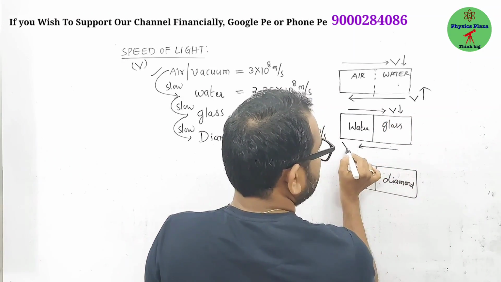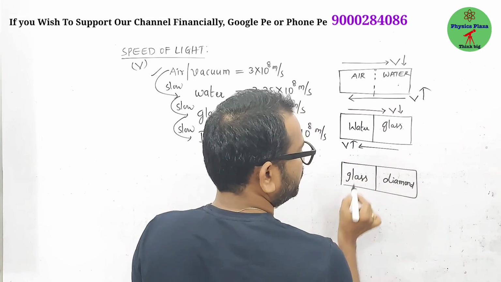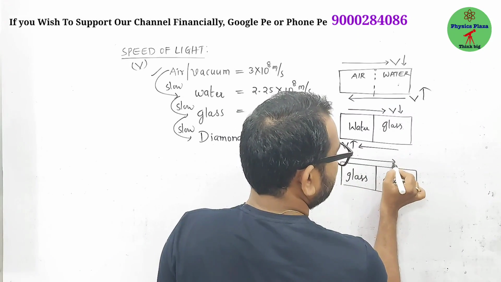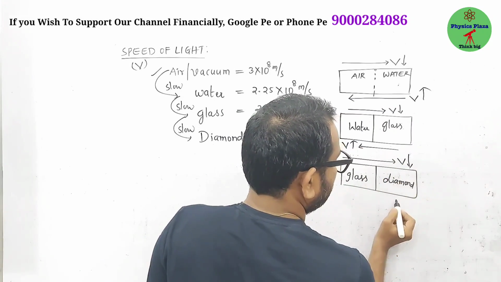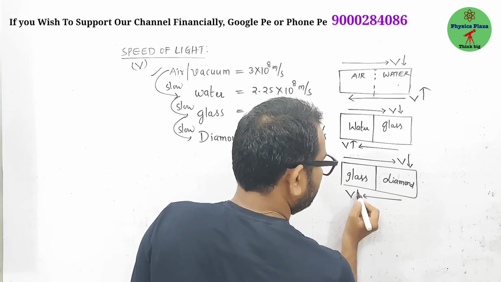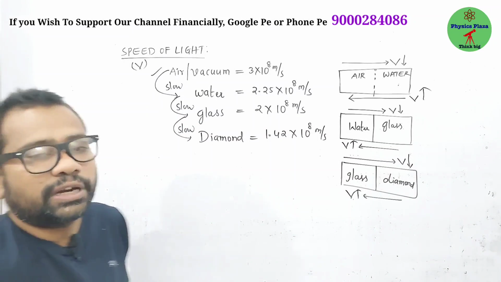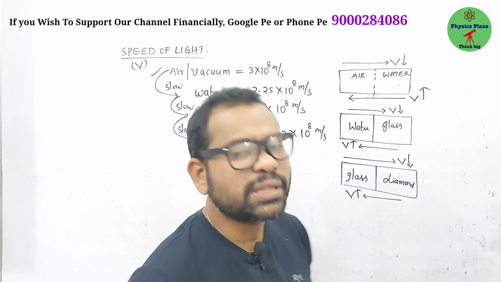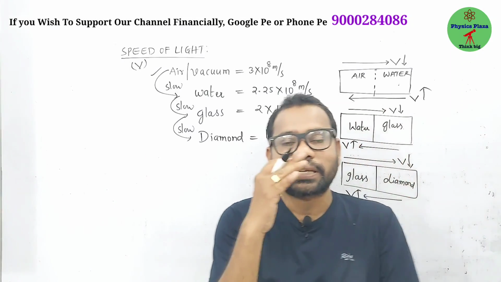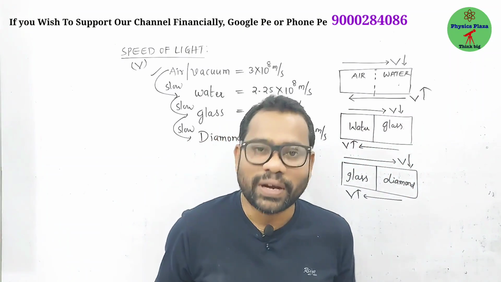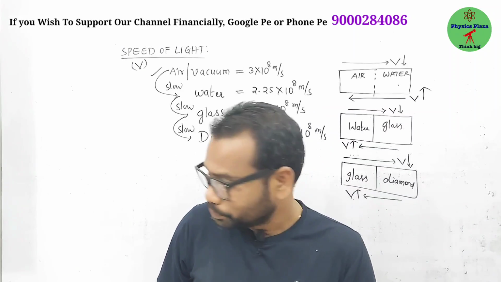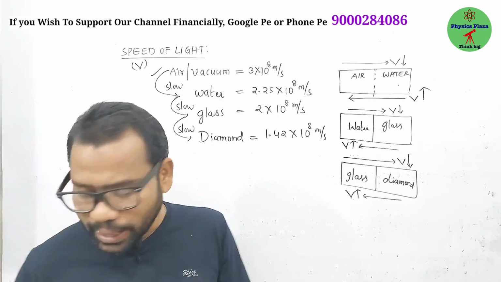Glass to water means speed increases. When light moves from glass to diamond, speed decreases. Diamond to glass, speed increases. So dear children, this is the story about the speed of light. There is much depth in this concept, but for us, for this class 7th standard, it is not required. Okay, fine.